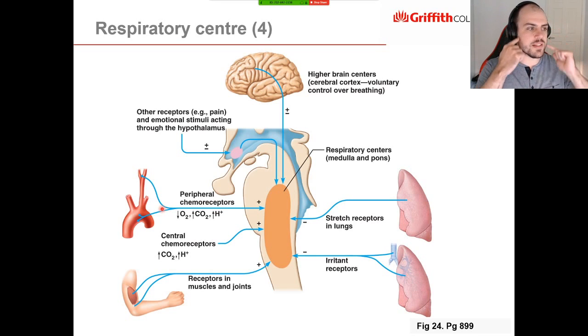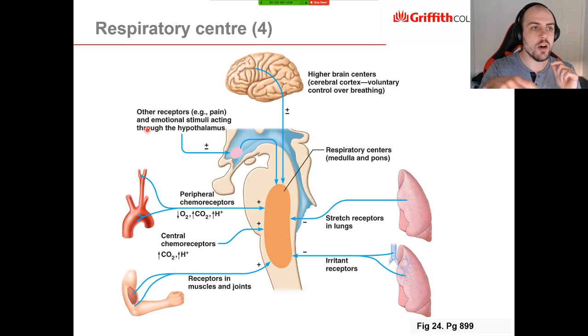Because if suddenly your brain is starting to go, hey, I'm running low on oxygen, that's when these receptors will start to fire and go, hey, do something about this. Let's breathe some more. And we'll send those signals to breathe more. The big difference between the peripheral and central chemoreceptors is just location. And our peripheral chemoreceptors also measure oxygen because that's at the very beginning of our systemic circulation. Does that make sense?